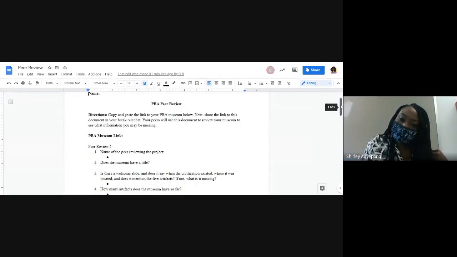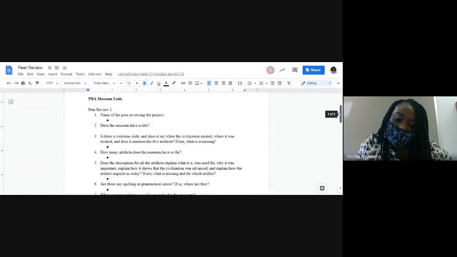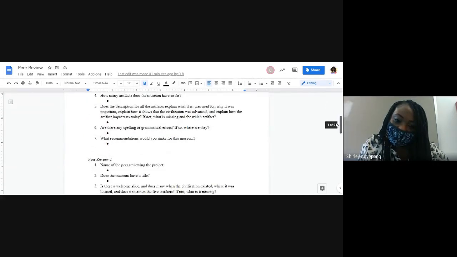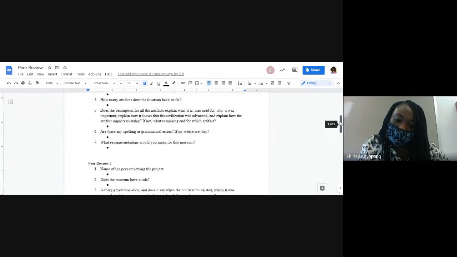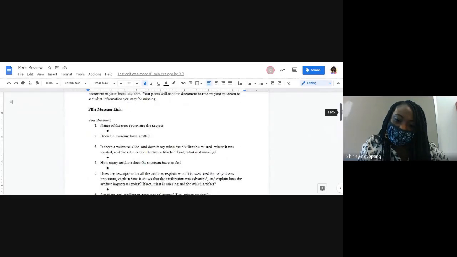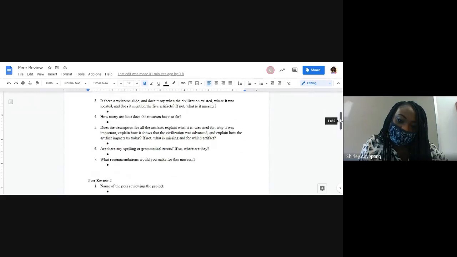So the peer review sheet is basically everything we've gone over on the rubrics. You just want to make sure that your partner has all the information that is required on the project.